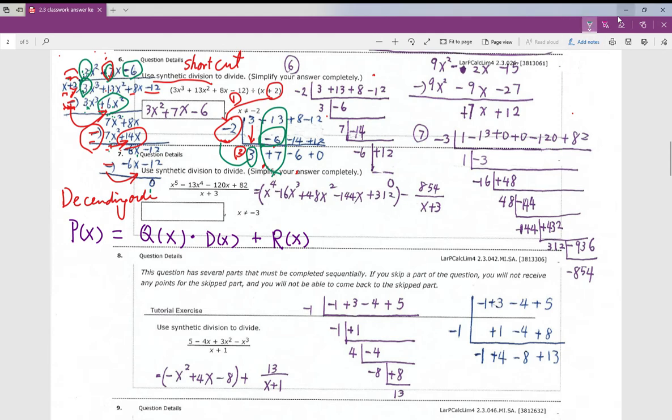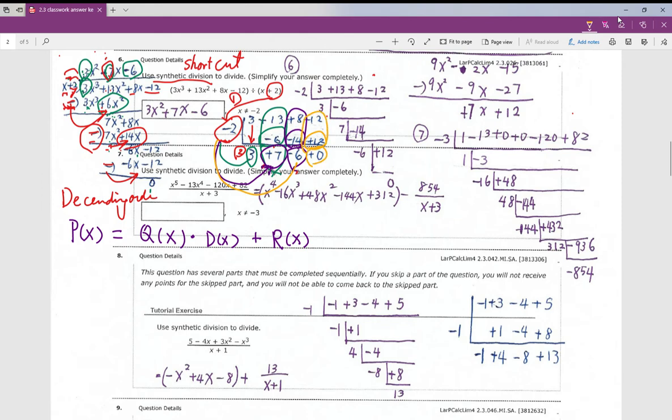And then you repeat the same procedure, -2 times 7, you have -14, and add these two together, you have -6. So after that, last step, we change this color. You have -2 times -6, so you have +12, and then you add these two together, you have 0.